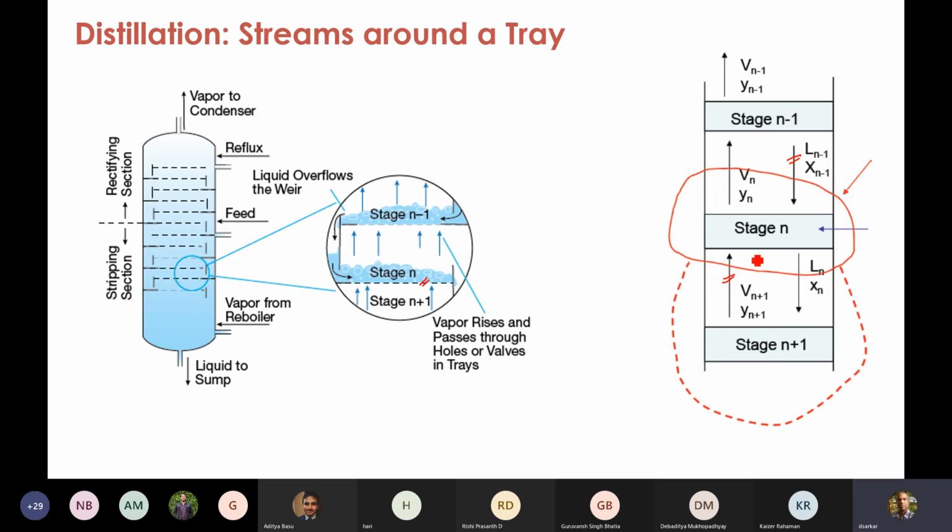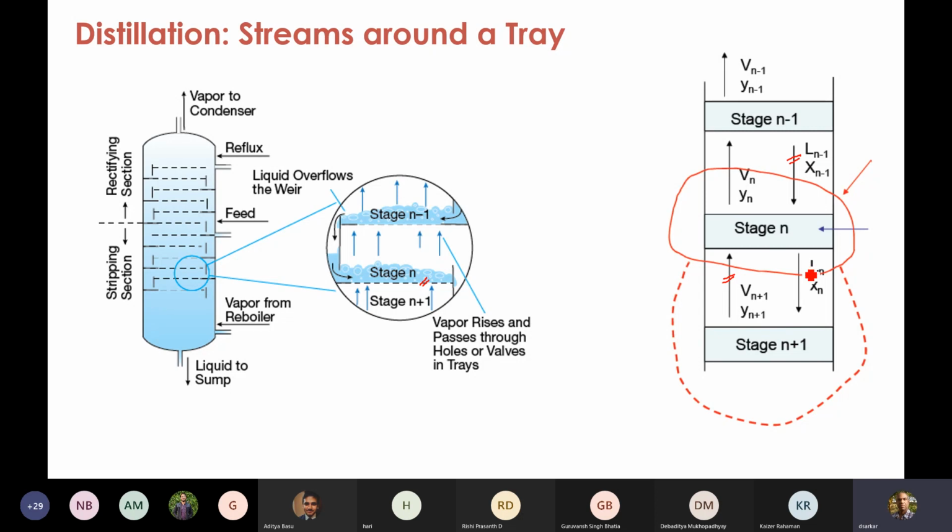Now, these streams, the flow rates: capital L represents the liquid flow rate, capital V represents the vapor flow rate, X represents the mole fraction of the more volatile component in the liquid phase, and Y represents the mole fraction of the more volatile component in the vapor phase.